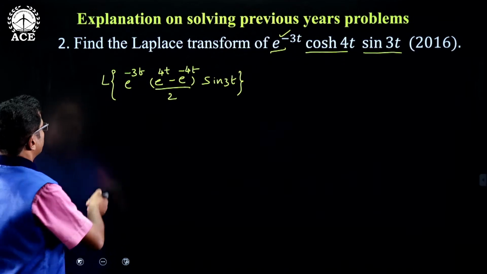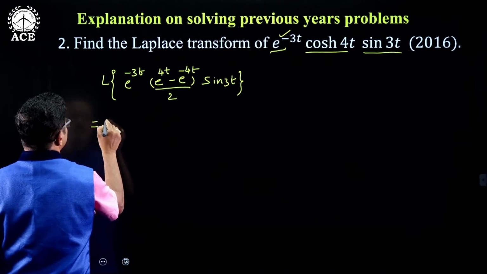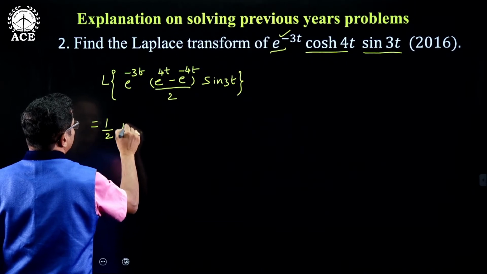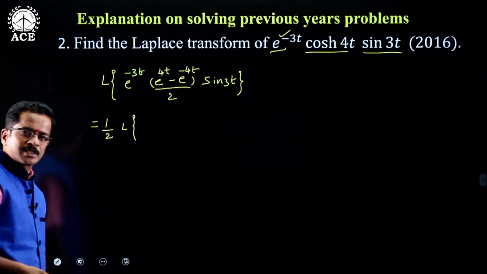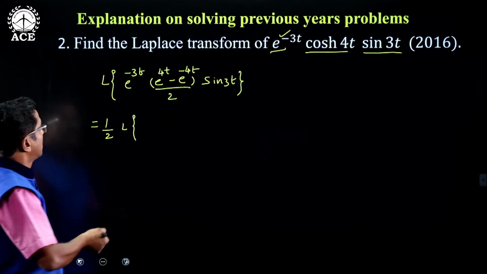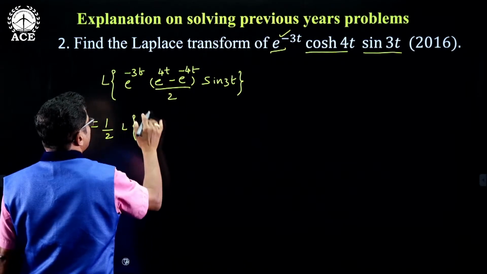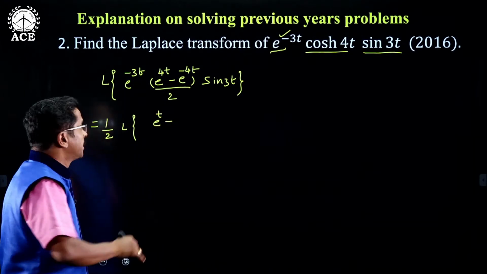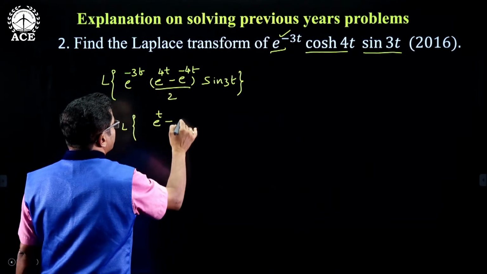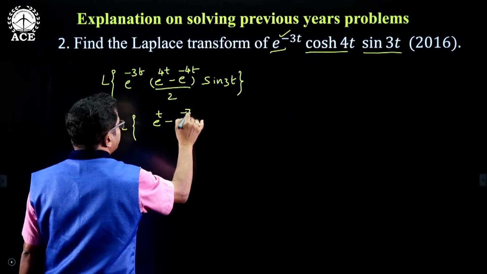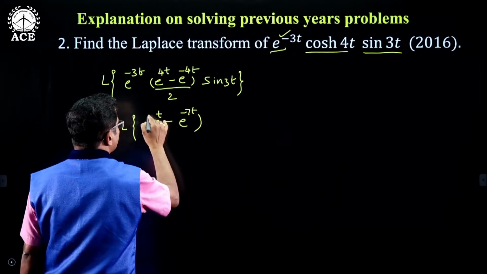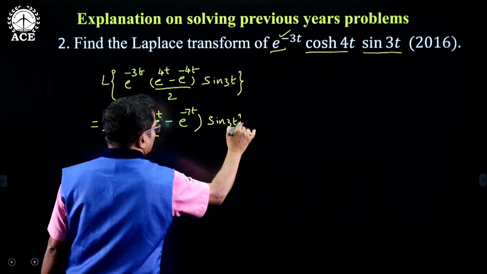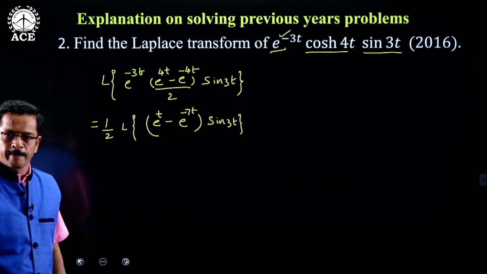Okay. So now I am trying to simplify this. The 1 by 2 that I will bring out from the Laplace transform, which is a constant. Now e power minus 3t into e power 4t is going to be e power t, and e power minus 3t into e power minus 4t is going to be e power minus 7t, into sin 3t. Okay.